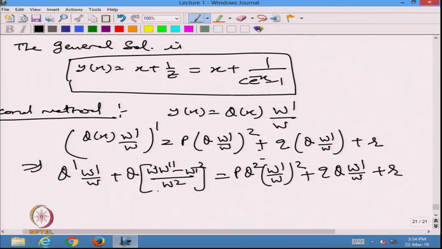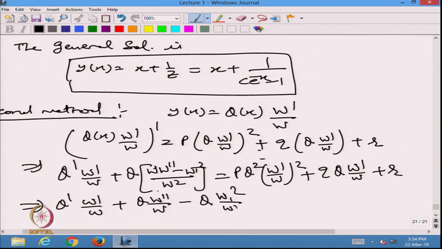Now, if I simplify further, Q' w'/w plus Q w''/w, because w will cancel out, minus Q w'²/w².